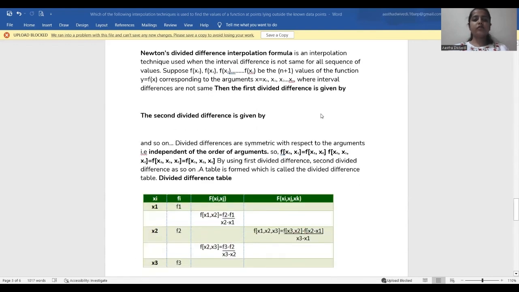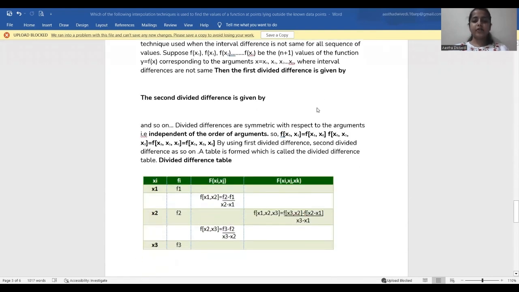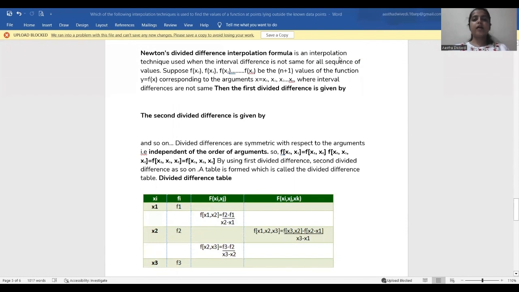Now we will talk about Newton's divided difference interpolation formula. This formula is a technique used when the interval difference is not the same for all the values in the sequence. In Newton's forward and backward difference, we have seen that h is always constant, which means the interval is always the same.